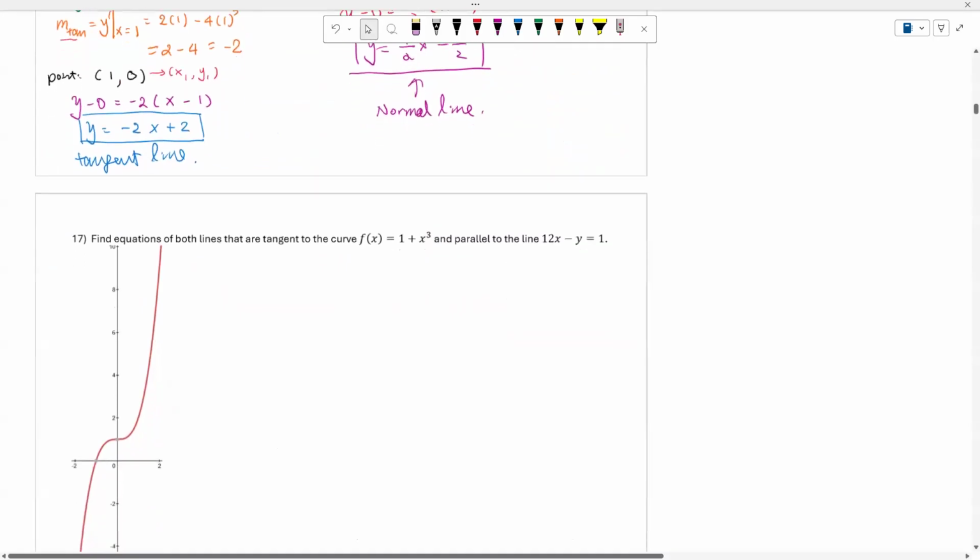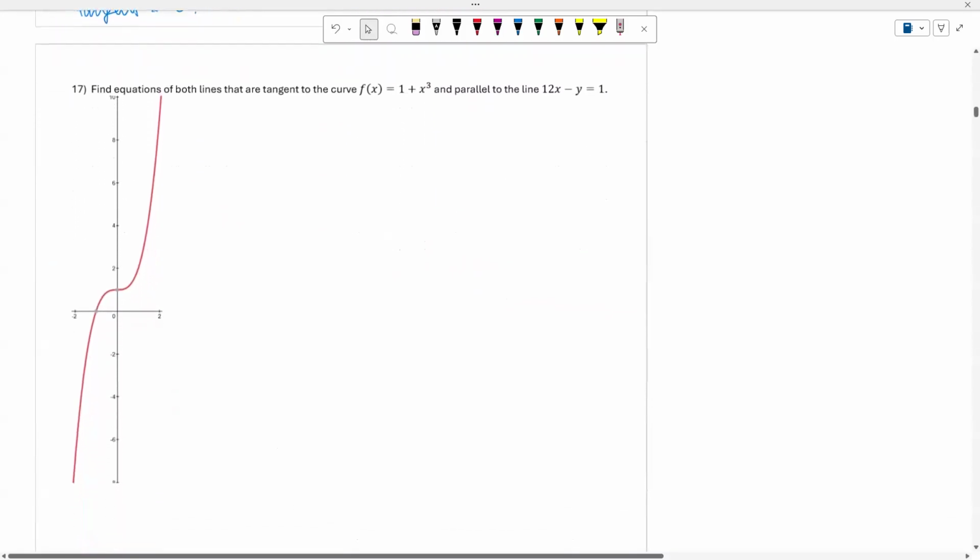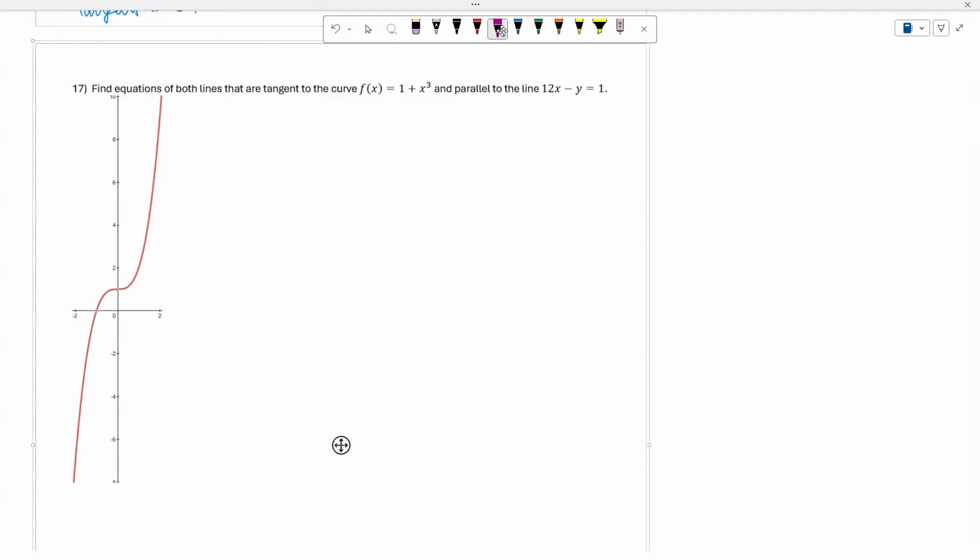Now let us look at our next example. The next example, again, I would like to find the equation of both lines that are tangent to the curve y equal to f of x equal to 1 plus x to the power 3, and are perpendicular to the line 12x minus y equal to 1. So in this case, first of all, I know that I need to find two tangent lines to this problem.